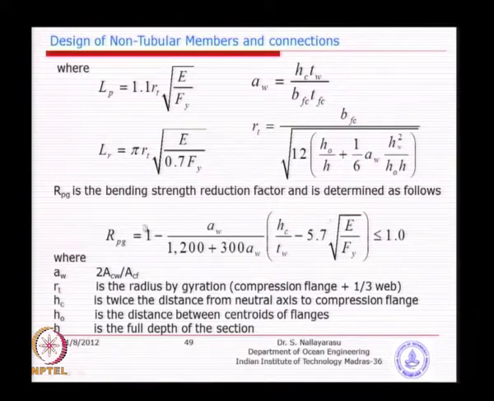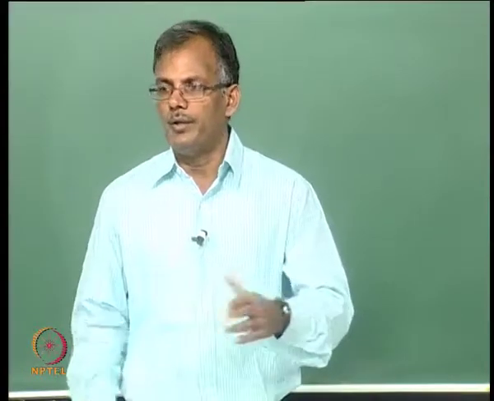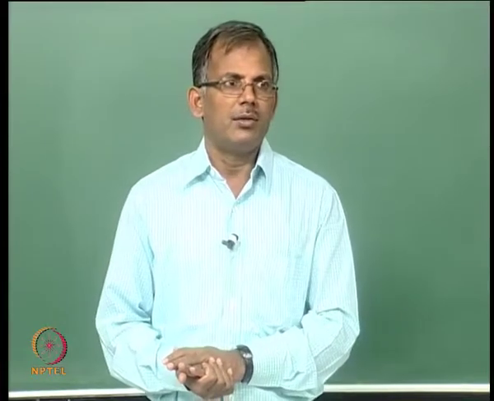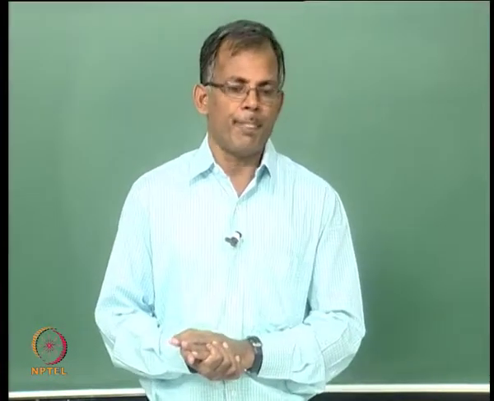So, basically you will substitute these parameters just to see whether the compression side of the web is buckling or not. That is why you see here the RPG will always be less than 1; if you get more than 1 something must be wrong.